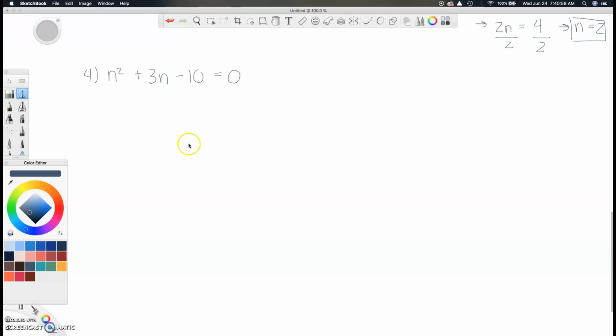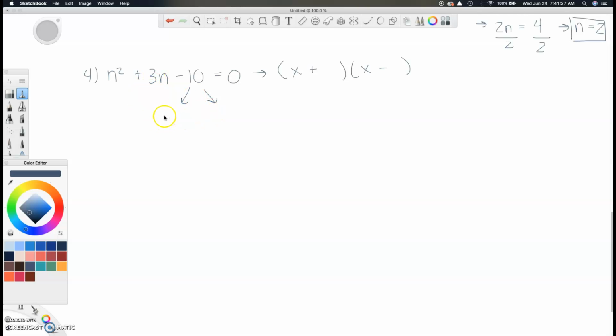The first thing you're always going to want to do is factor it. Now I've got a negative here, so I know my 2 factors should be x plus something and x minus something, right? I also know that I have a positive here, so I know the bigger number is going to go here. So what 2 numbers multiply to give me negative 10, but add to give you positive 3?